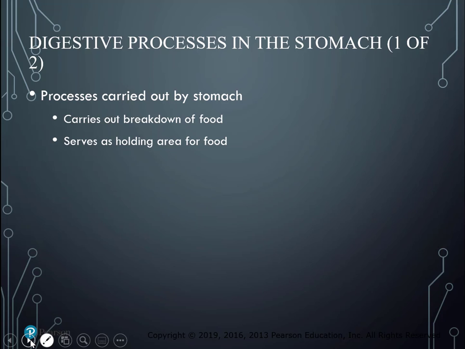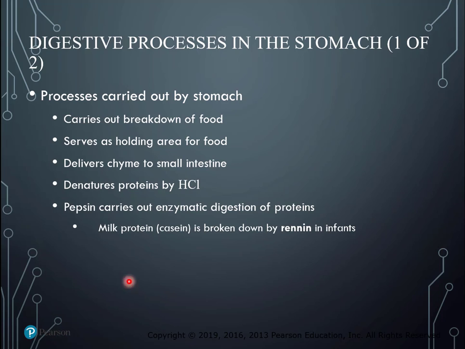It also serves as a holding area for food. It delivers chyme, partially and chemically digested, into the small intestine. It denatures protein by secreting hydrochloric acid. And once pepsinogen is converted to pepsin, pepsin carries out enzymatic digestion of proteins.